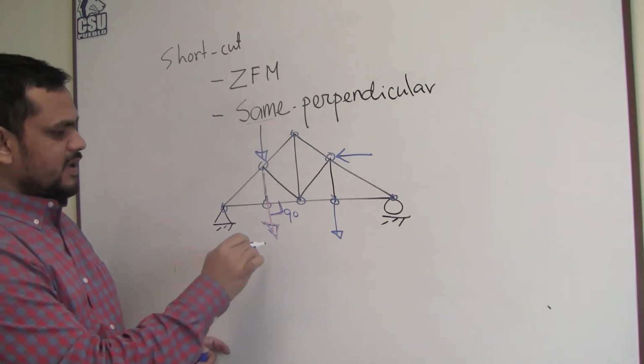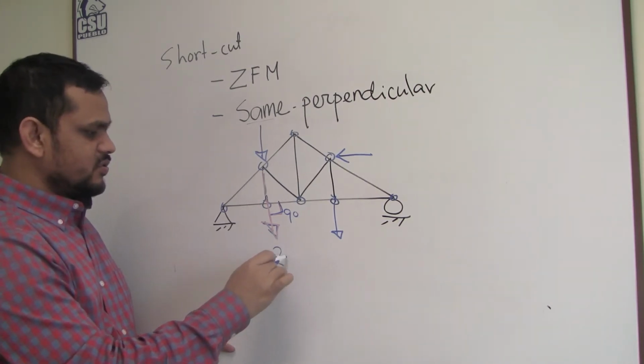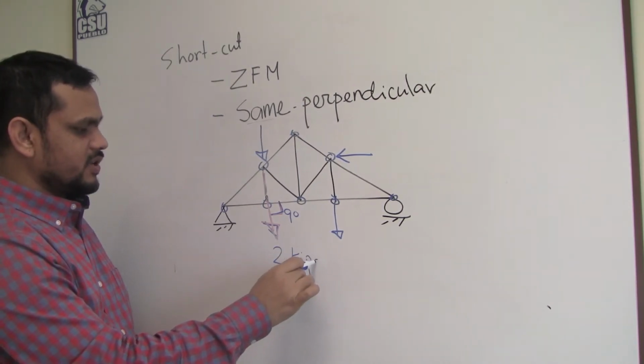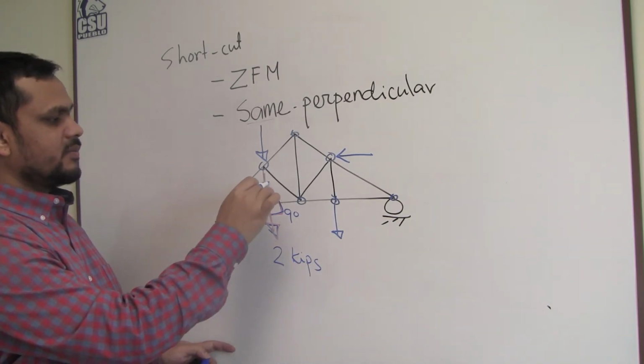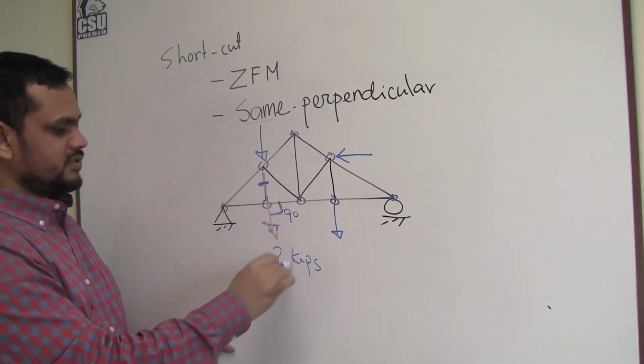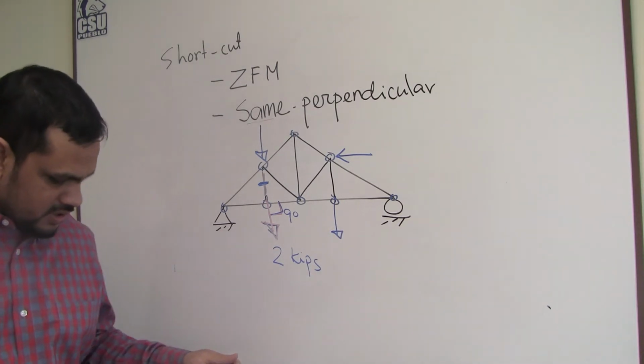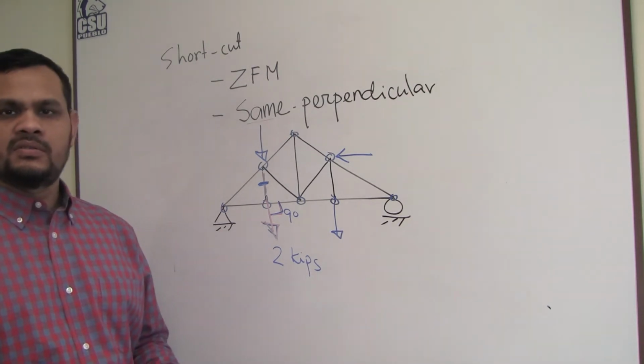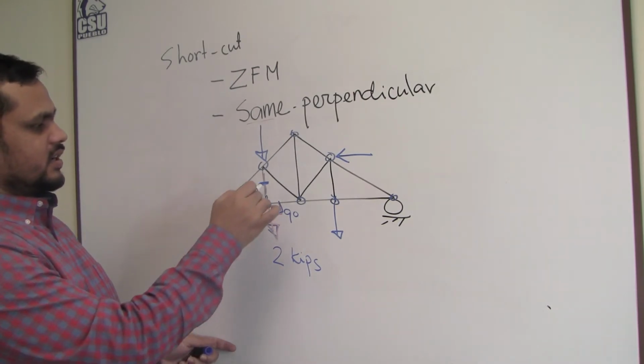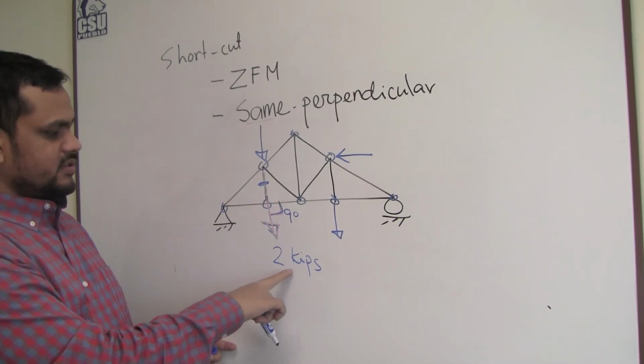Then whatever the value of this force, say 2 kips, the value of the force in this member is 2 kips. Directly, without any solution, joint method or section method, we can tell that this member is taking this load.